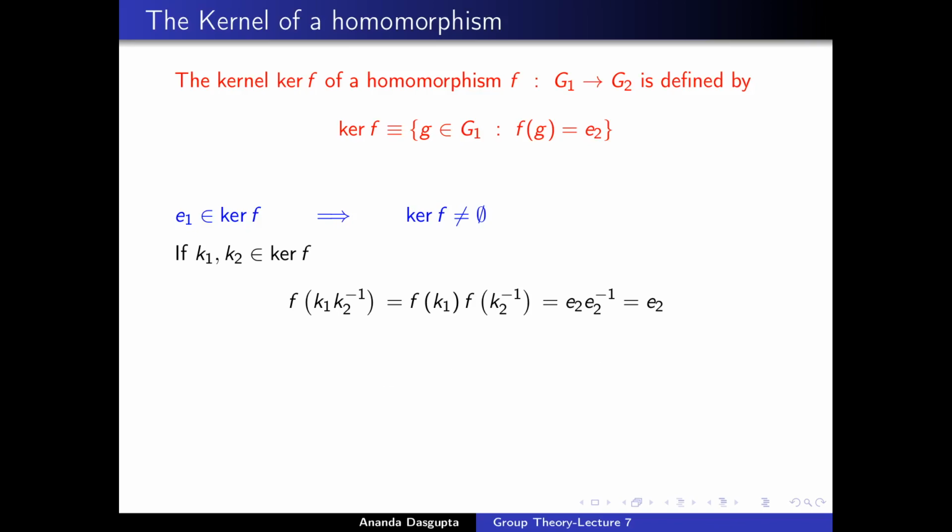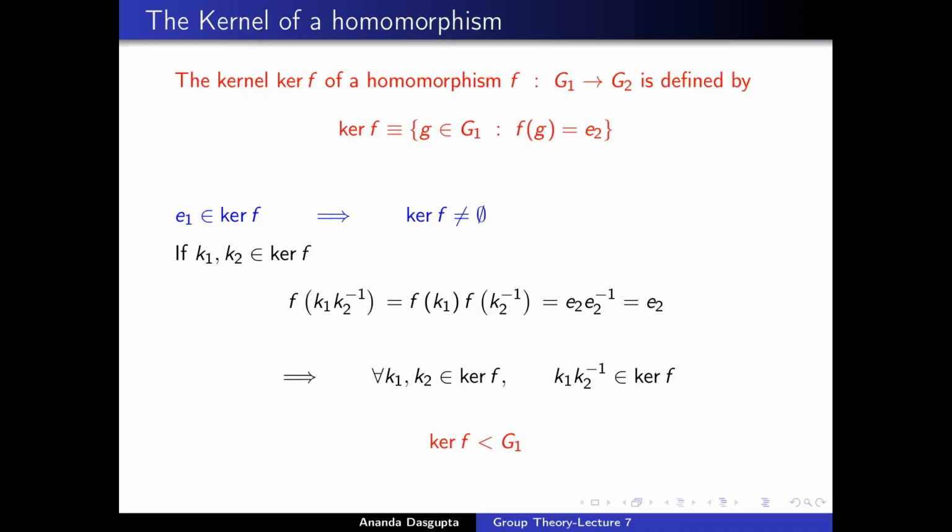That means K1 K2 inverse belongs to the kernel of f for any two elements K1, K2 belonging to the kernel of f. This exactly was the criterion that we had proven is enough to show that the subset we are considering is actually a subgroup. So we have managed to establish that the kernel of f is a subgroup of G1, the domain of the homomorphism f.